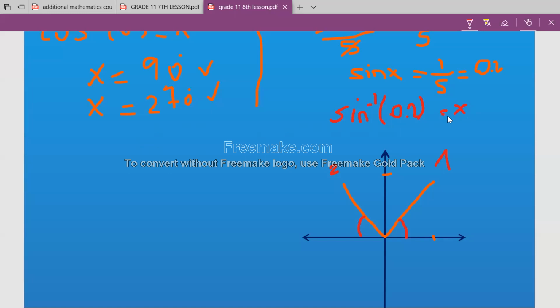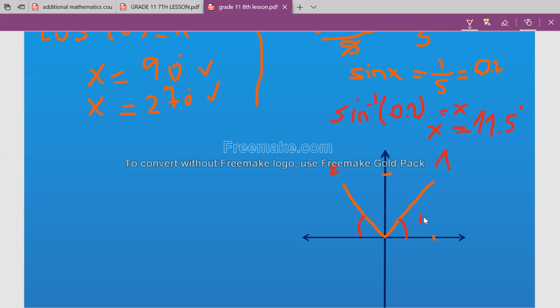So when you type in a calculator, inverse sine 0.2 will give us 11.5. X equals 11.5. I will write with one decimal place. This is our first solution.